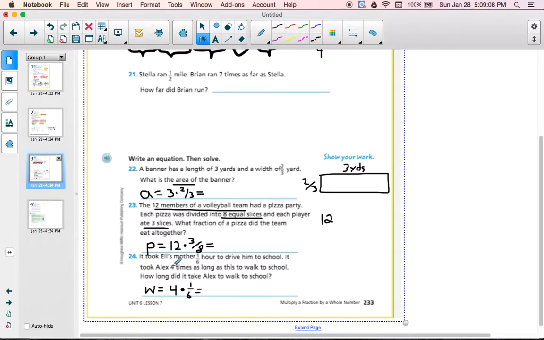Figure that out. It took Eli's mother 1/6 hour to drive him to school. It took Alex 4 times as long as this to walk to school. How long did it take Alex to walk to school? The equation is W equals 4 times 1/6.